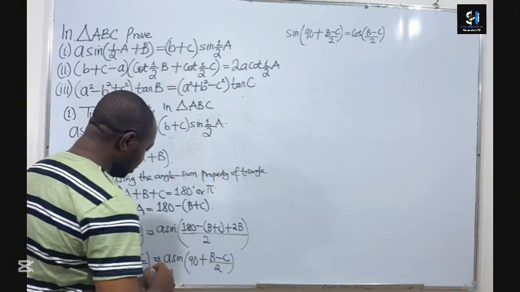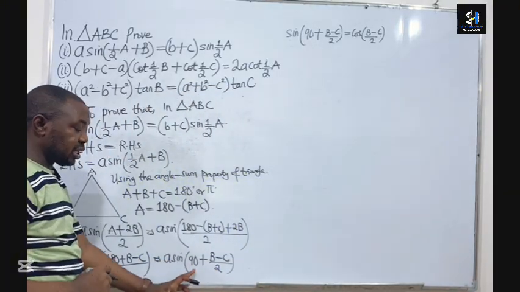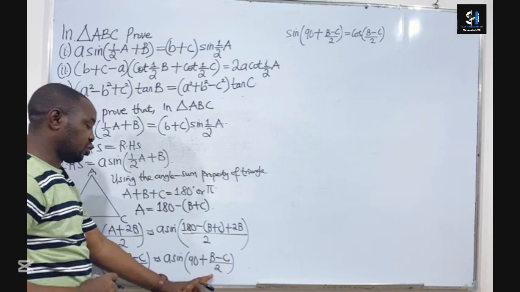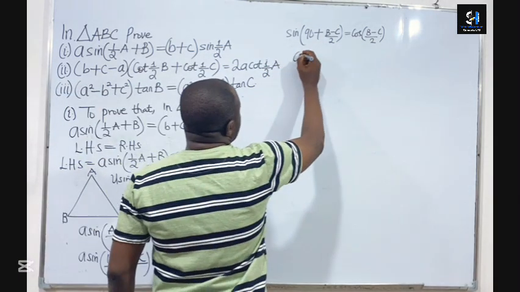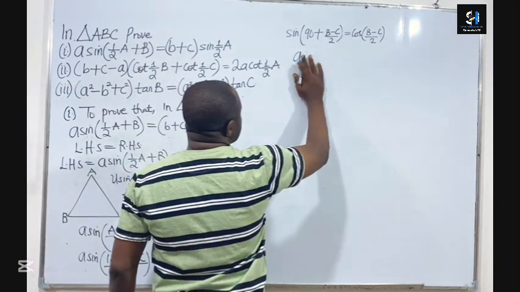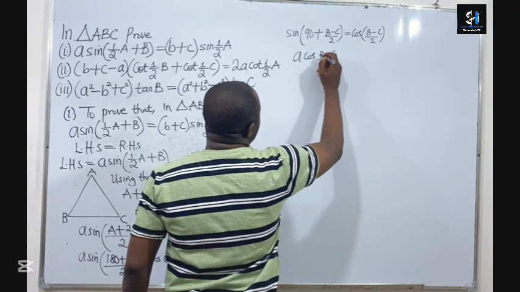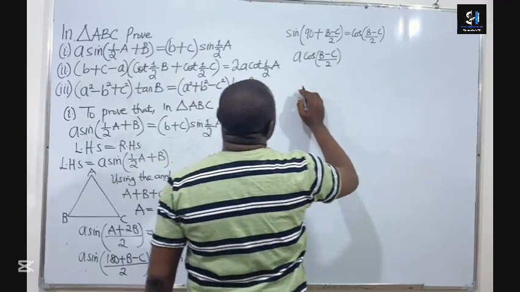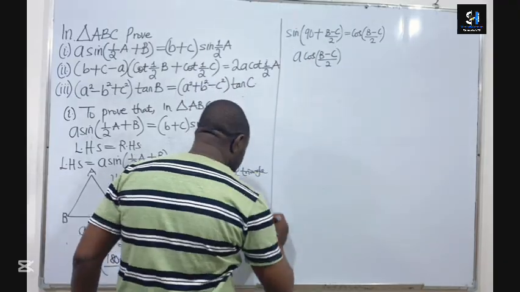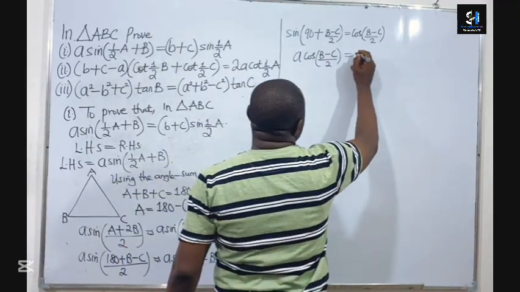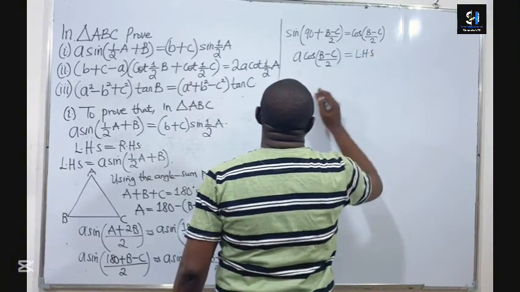So which means that a sine of (90 plus (B minus C) over 2) will be a cos of (B minus C) over 2. So this is equal to the left hand side.